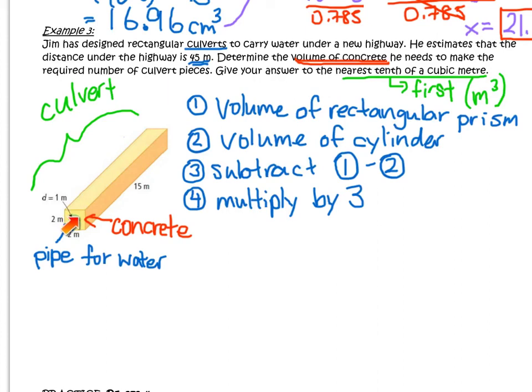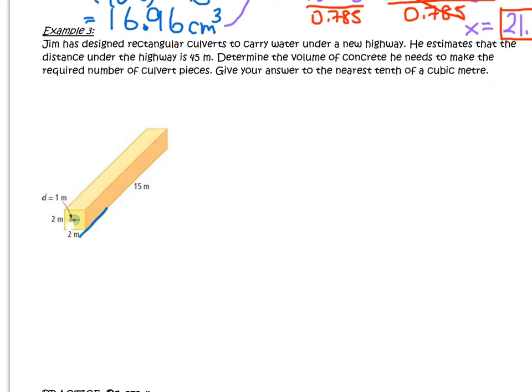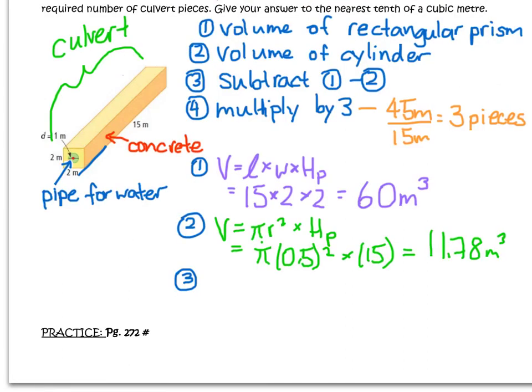So what we're going to do is figure out the volume of the concrete required for the entire rectangular prism, subtract the volume of that pipe that's embedded in the middle, and then multiply by 3 because each culvert is... Oh no. 2 by 2 was a base, times 15 should have given you 60 for the volume, and then you had to do the volume of the cylinder.